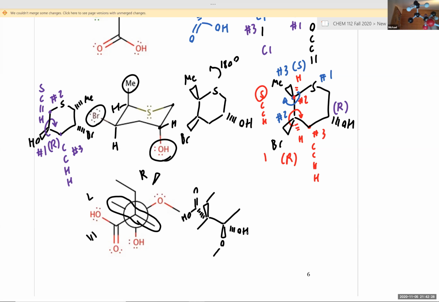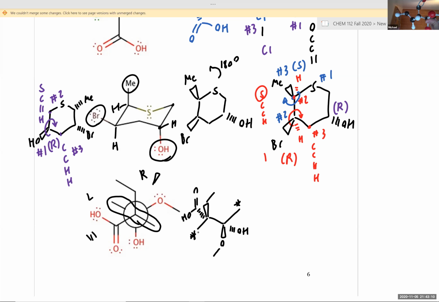Now we're going to rotate our bonds so the lowest priority group is in the back. We want our methyl group, which is our lowest priority in both of these structures, to be in the back. So I'm going to rotate this structure so that my methyl group is in the back, and then I'm going to draw what I see.